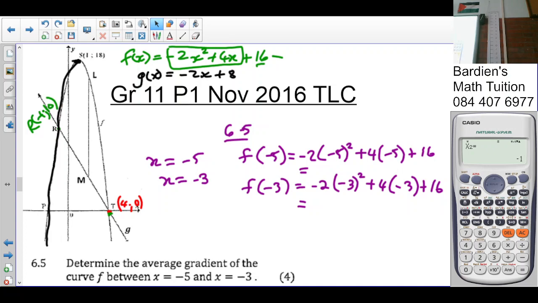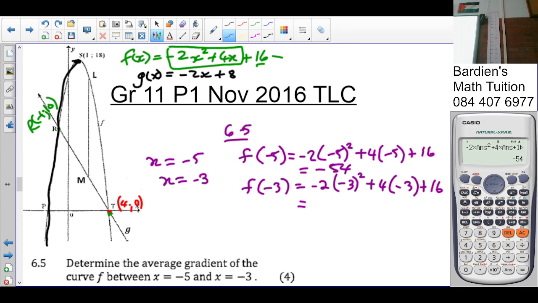That gives us, you got negative 2 times answer squared plus 4 times answer plus 16. So that's going to be negative 54 in the first case. Is that correct?